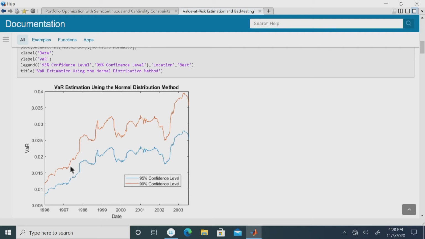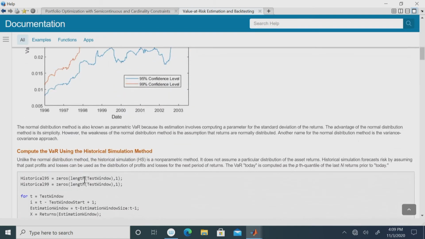So if you look at the curve on the top, which is the orange curve, these are the values which are only 1% likely to be breached, but the bottom curve, which is in blue, these are the values that are likely to be breached in 5% of the cases. So obviously these values are going to be less, and since these values are less, they are more likely to be breached. That means they are likely to be breached on 5% of occasions, as compared to the one at the top, which are likely to be breached only in 1% of the scenarios.